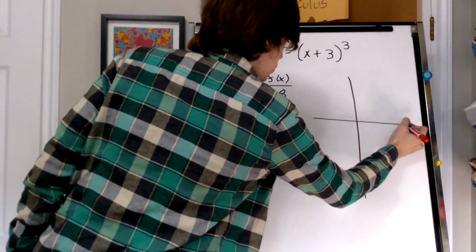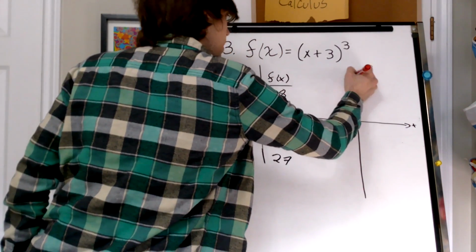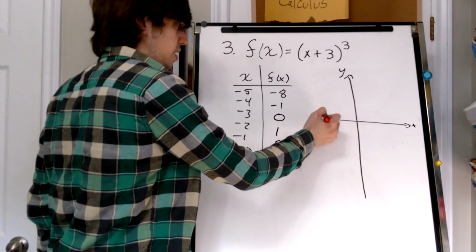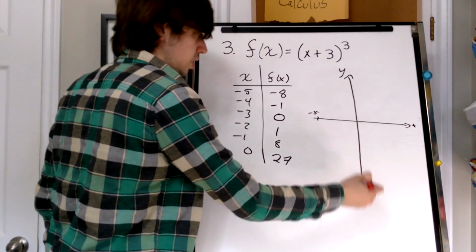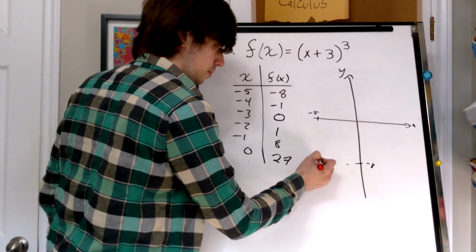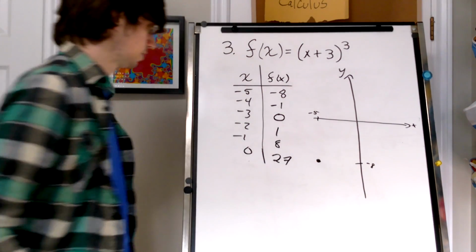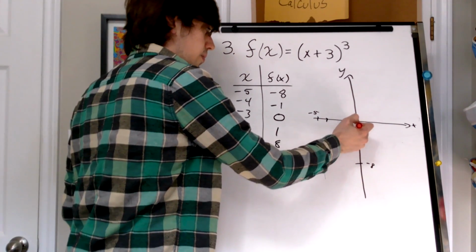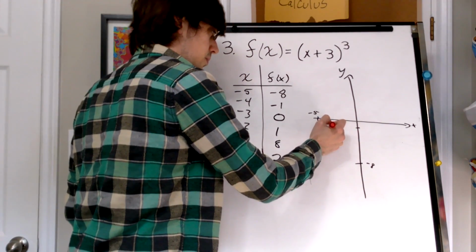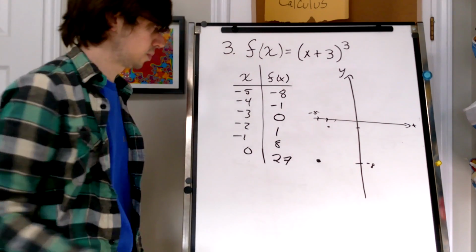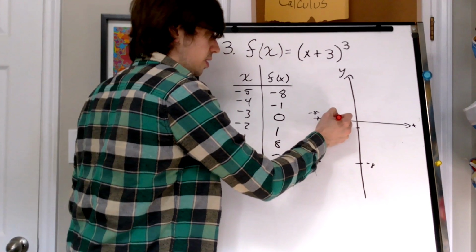So our graph goes on the x and up the y. At -5 we're at -8. At -4 we're at -1. At -3 we are at 0.